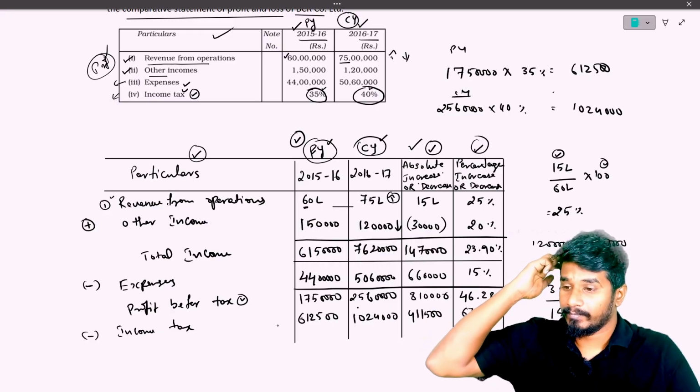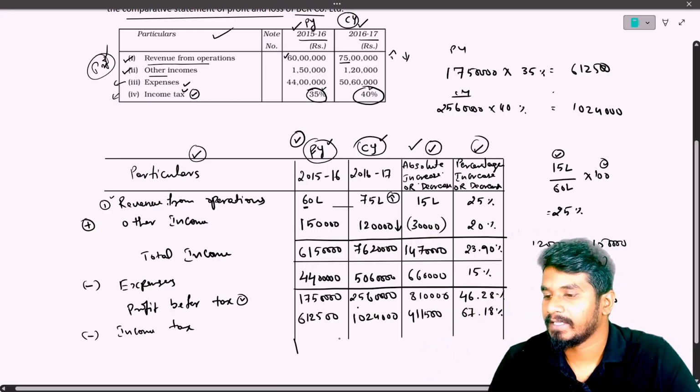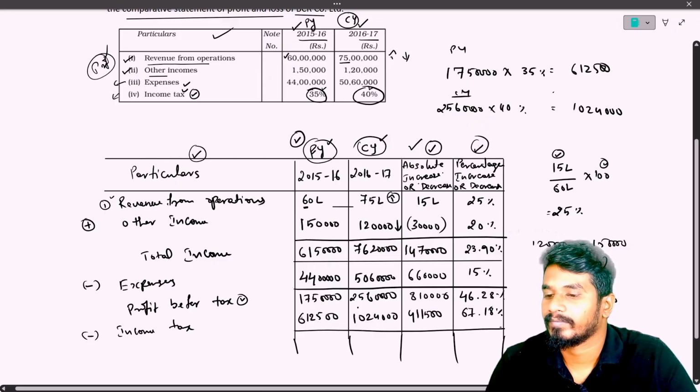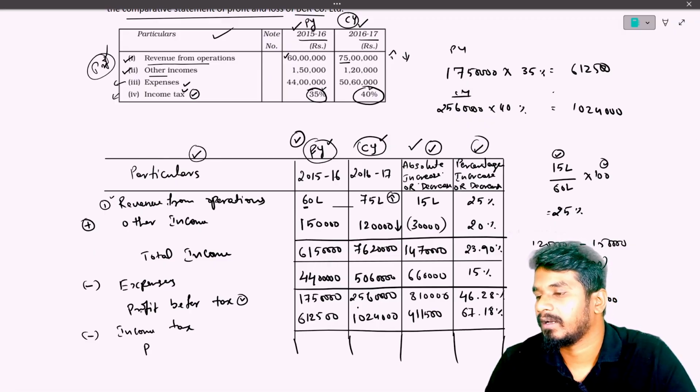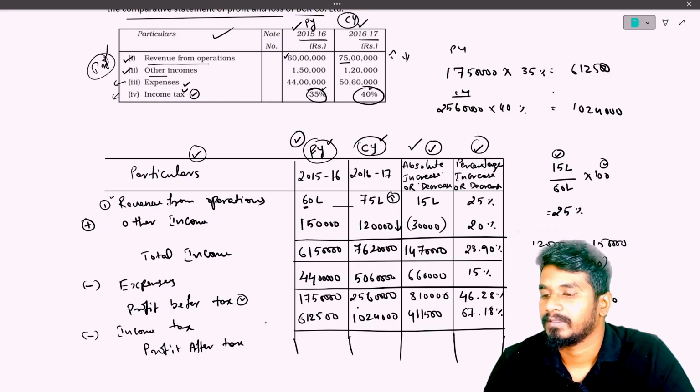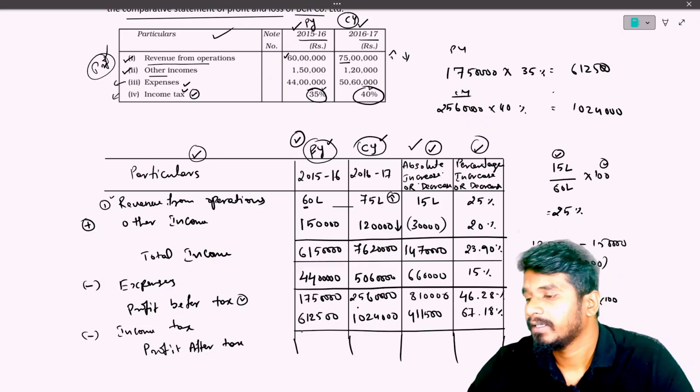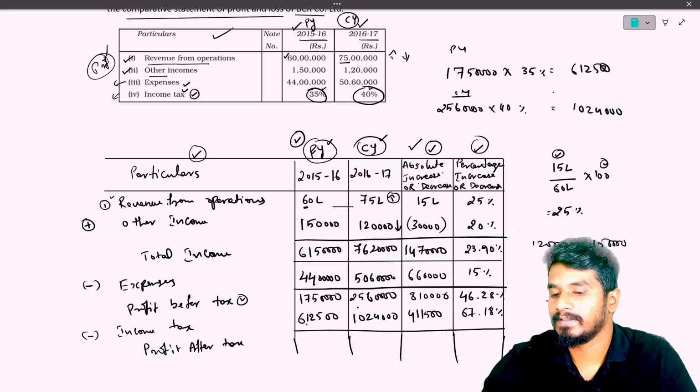Right. Now we need to minus the tax and you'll get the profit after tax here. If you minus income tax from profit before tax, you'll get profit after tax.